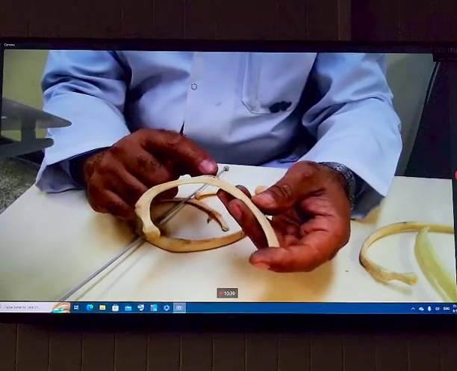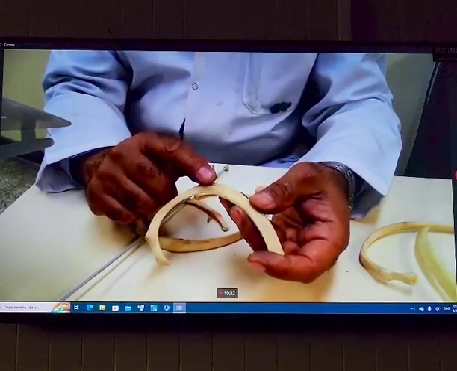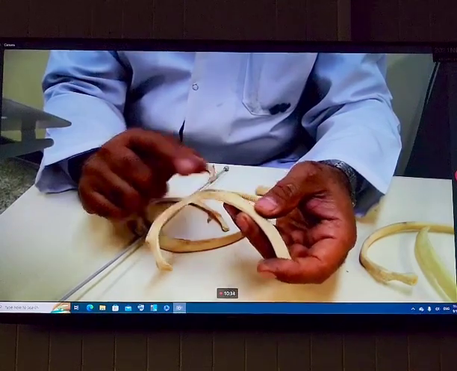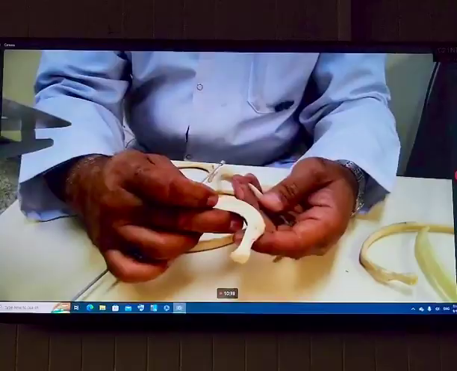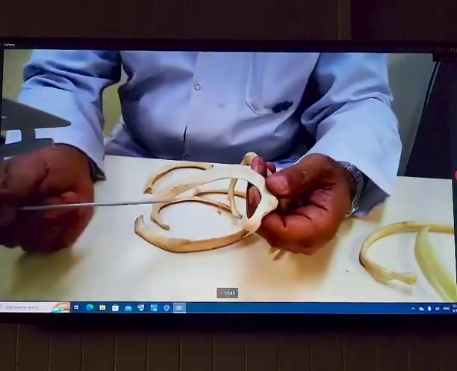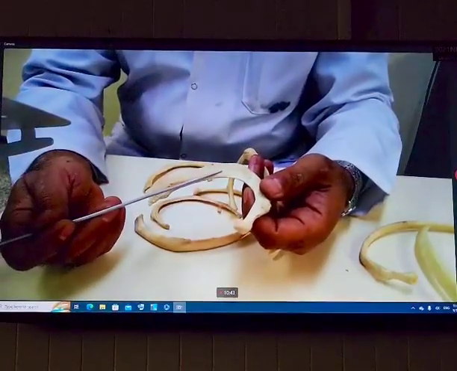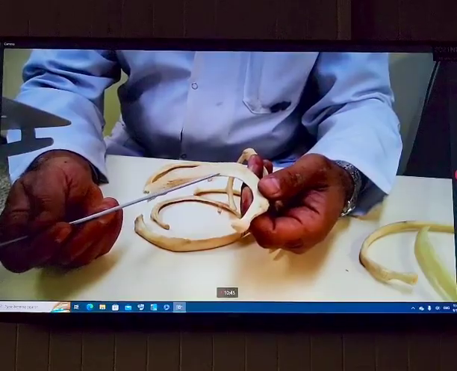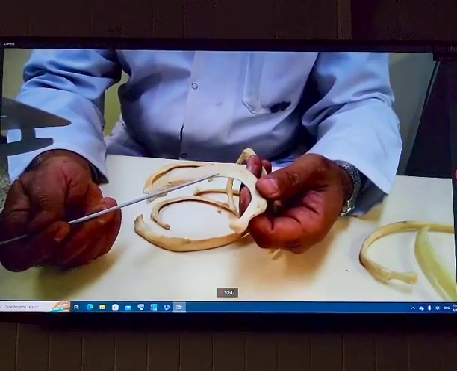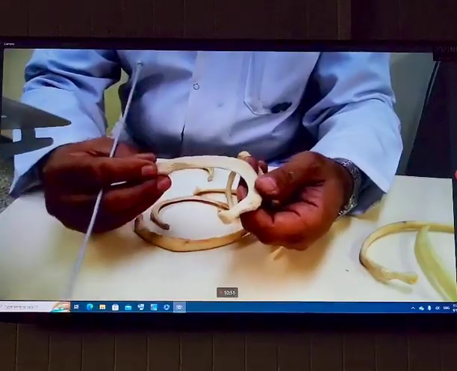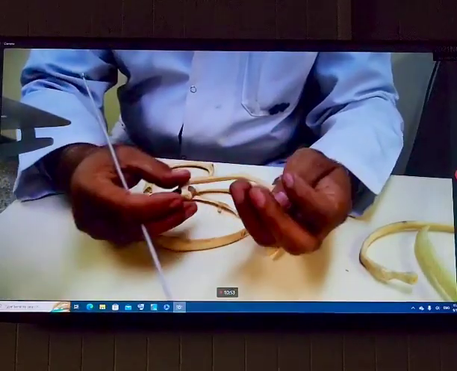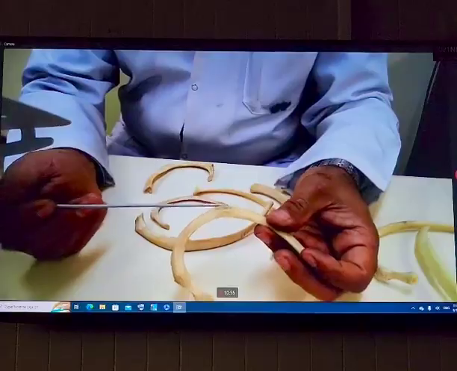And this is a tuberosity for serratus anterior, as you can see. The first rib, for example this one, has a small tubercle on the inner border, not a big tuberosity, separated by a groove. While here, this is a big tuberosity for serratus anterior.